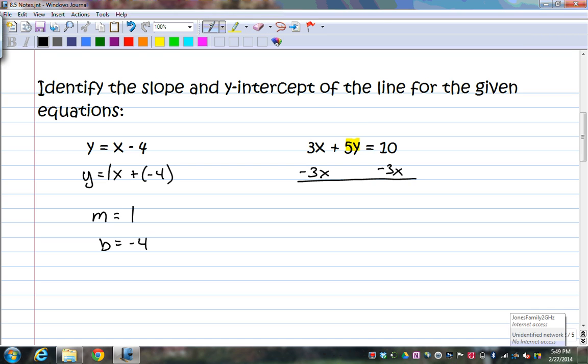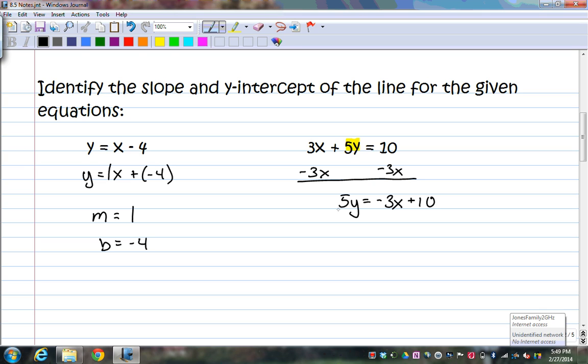All right. Now, the 3x goes away on the left, and you have 5y left over. And then these are not like terms, 10 and negative 3x, so we're going to write them separately. And we're going to put the negative 3x first, because we want it to be in y equals mx plus b. And then we'll write plus 10, because it's a positive 10.